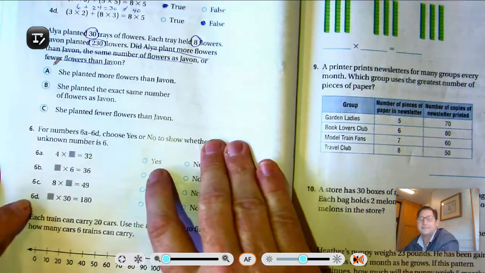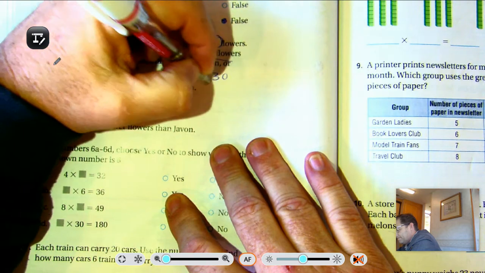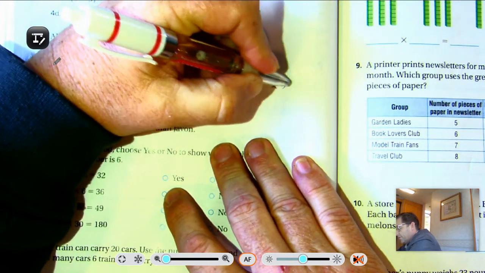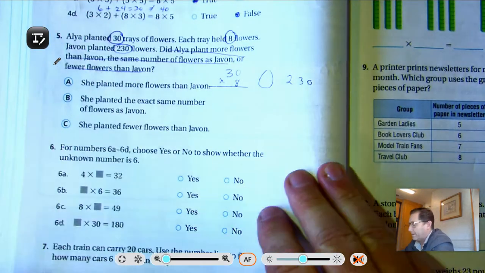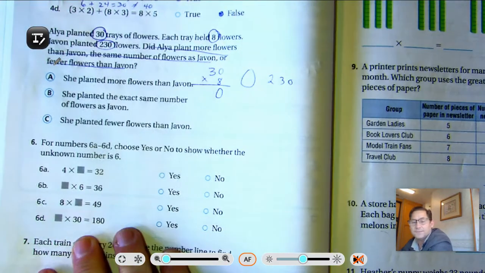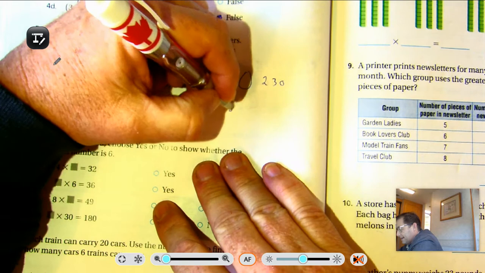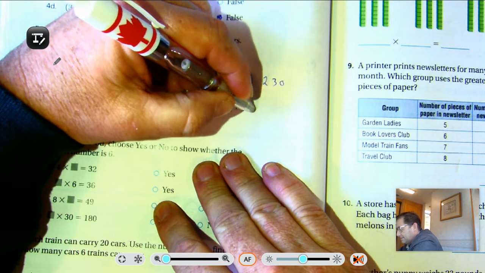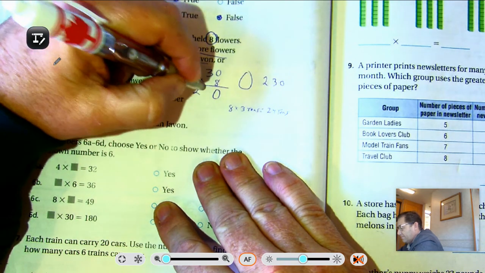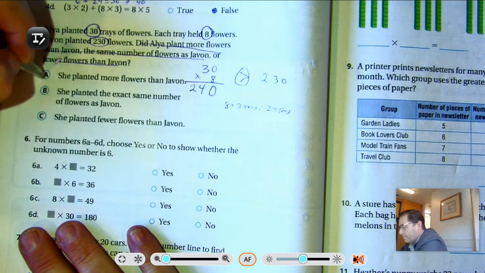So we're being asked to find 30 times 8 and compare it to 230. Well, 8 times 0 ones is 0 ones. 8 times 3 tens is 24 tens, so 240. So 240 is greater. She planted more flowers.